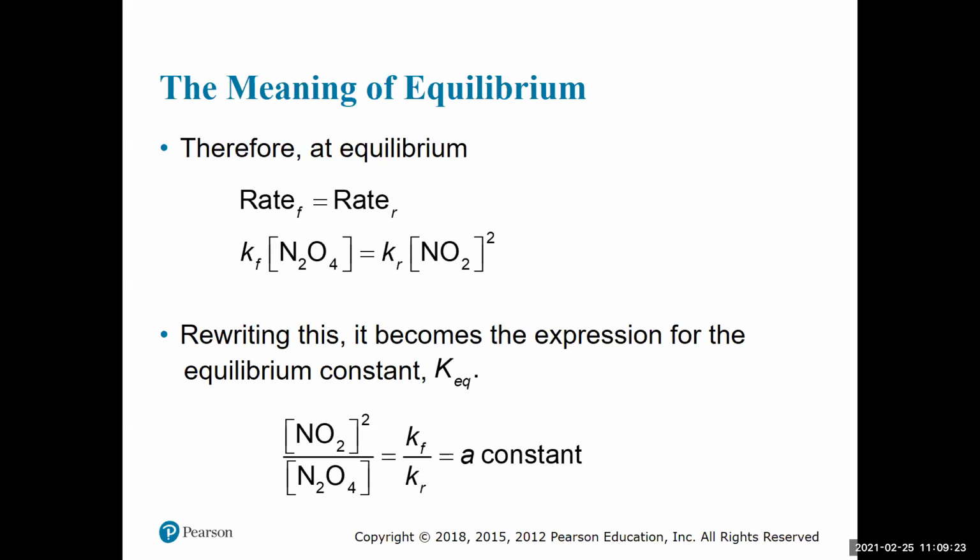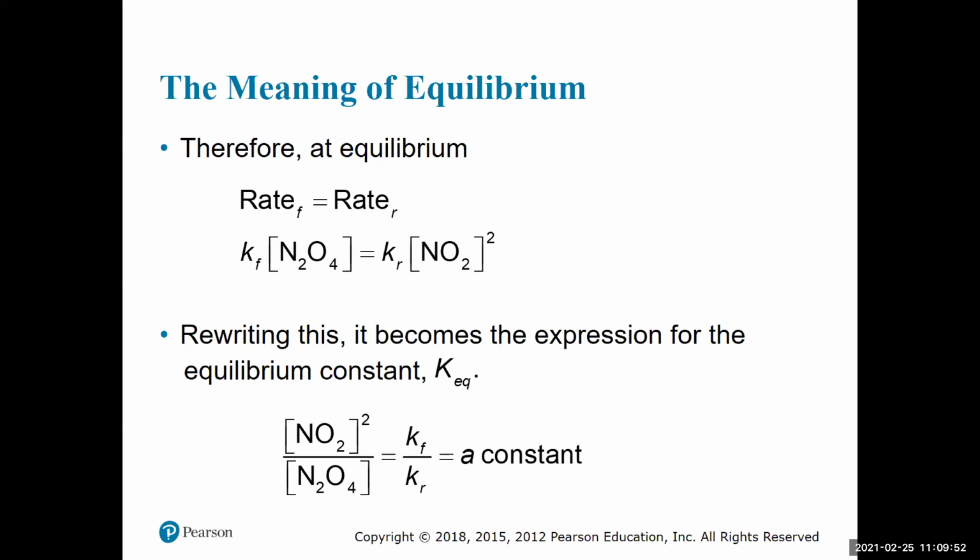Since we're in equilibrium, we know that the rate going one way has got to equal the rate going the other way, right? That's the definition of equilibrium. Everything is settled out. So we can set those equal to each other. Then we kind of rearrange it. We have the concentration of NO2 squared divided by the concentration of N2O4 equal to the forward rate constant over the reverse rate constant.